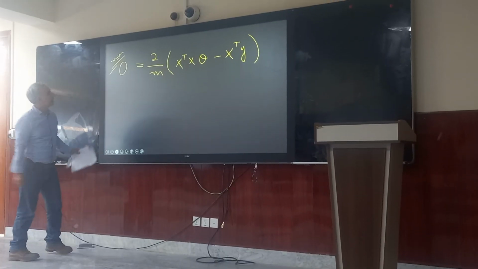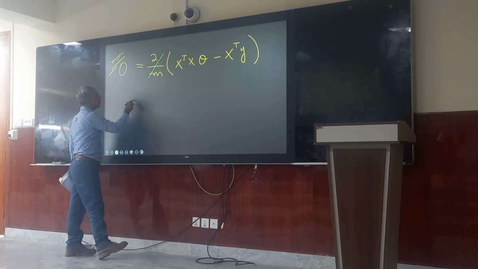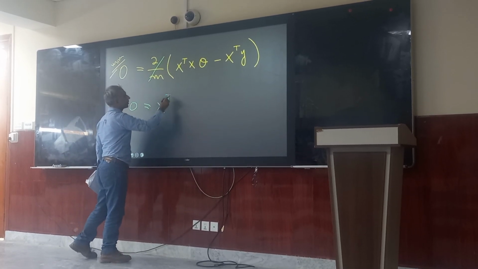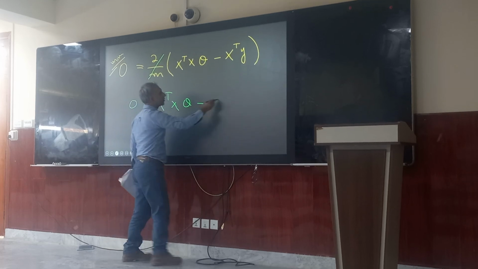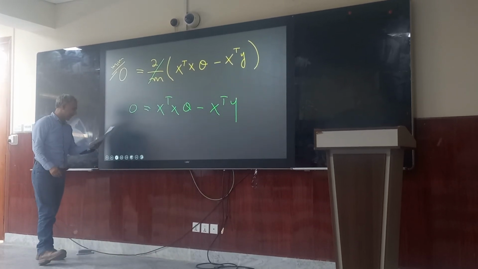This is the 0. Of course, you will get rid of it. 0 equal to X^T X theta minus X^T y. Further, you can express this like this.